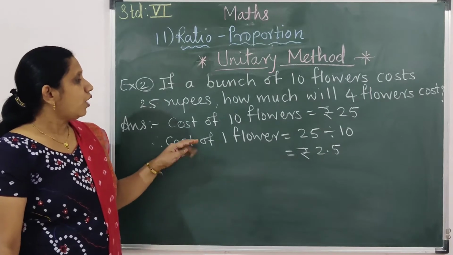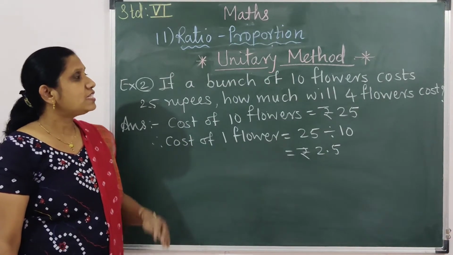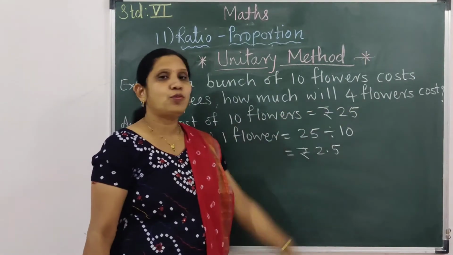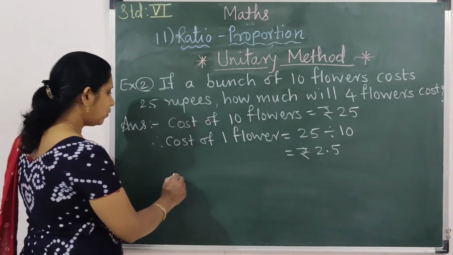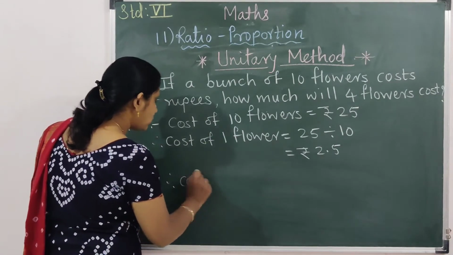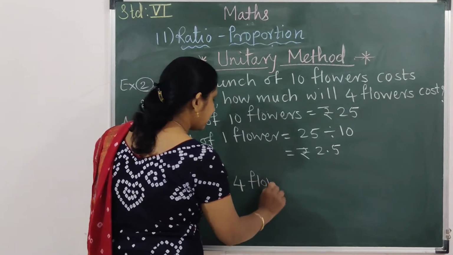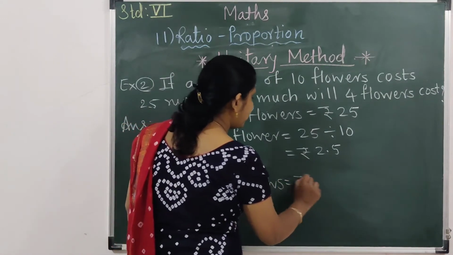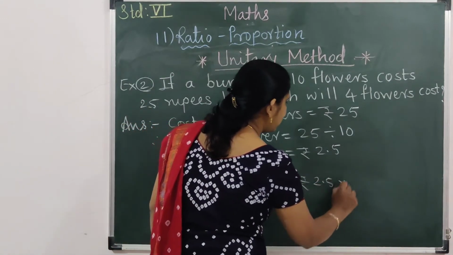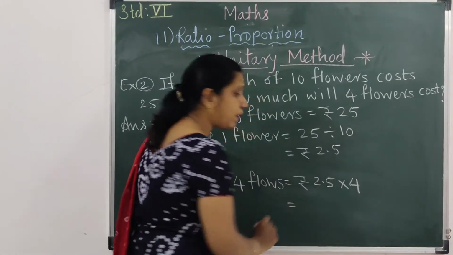Now as we know the value of 1 flower, we can easily find the value for 4 flowers, by multiplying. Therefore, the cost of 4 flowers is equal to rupees 2.5 into 4. Children, you can multiply.